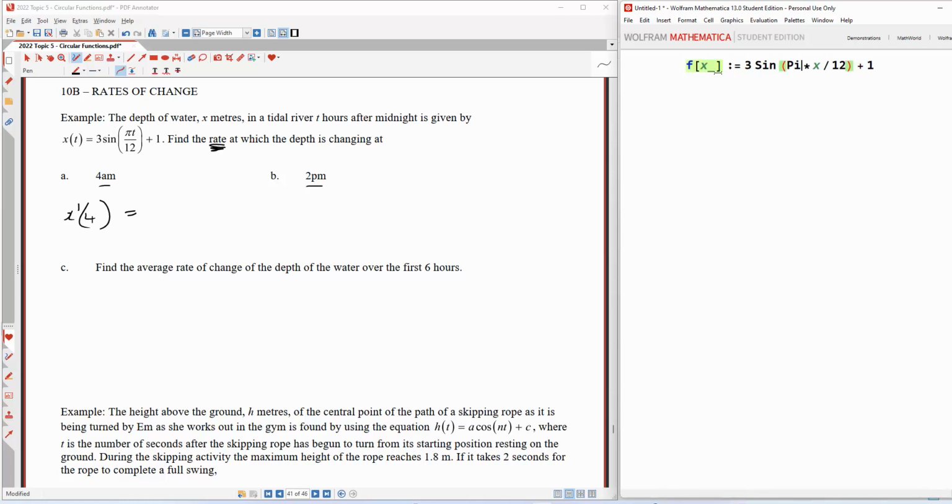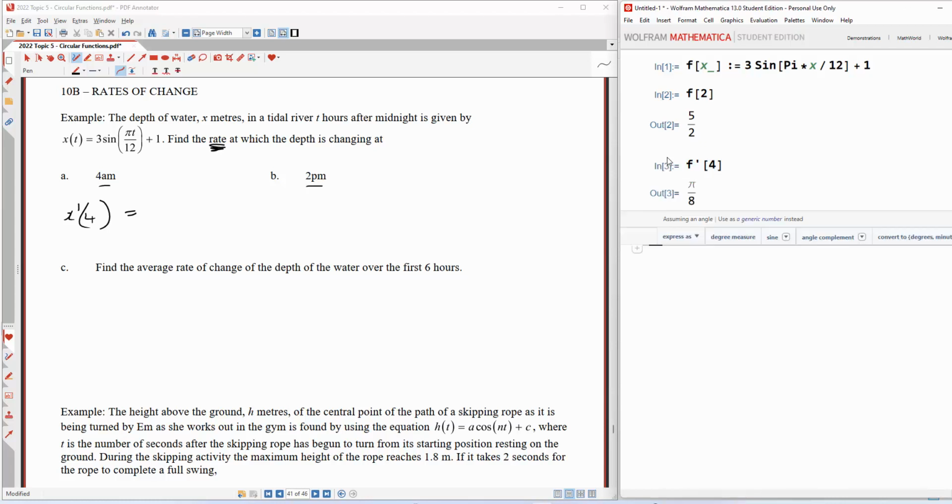I think, do I have to use the square brackets there? I think I do. So what we'll do is f of 4 now, which, no, we'll do f dash 4. And the answer is pi on 8.